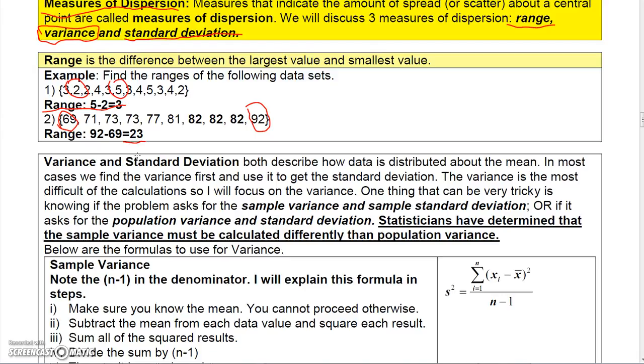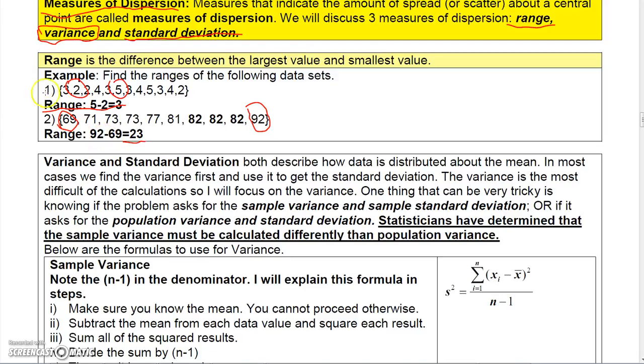One of the reasons we want to talk about dispersion is because you could have two data sets that have the same mean. Let's say you've got two sets of scores that have an average of 70, but on one set of scores the values are very close to 70, but on the other set of scores the values are very high or very low, but they still average 70.